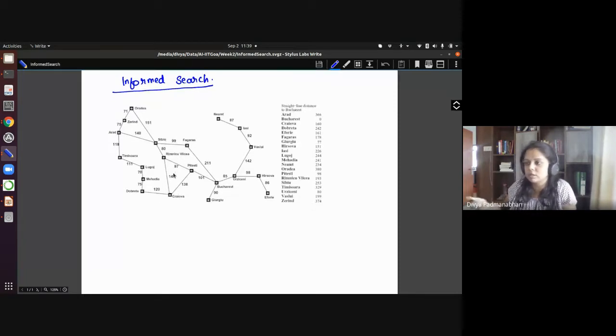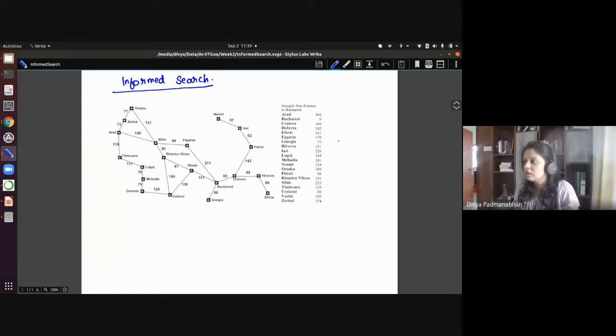This may not be the exact distance or exact cost, but in some sense it's like a clue that somebody gives you. If I give you some clues that if you go to this state, you will be this much far, and if you go to this place, you're this much far from the goal state, then can you do something better? Can you reduce the exploration? That is the topic of informed search.